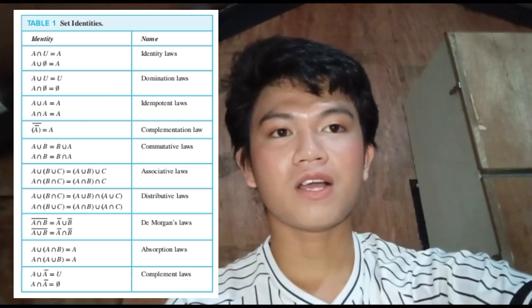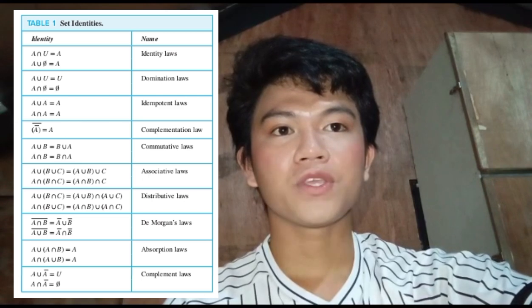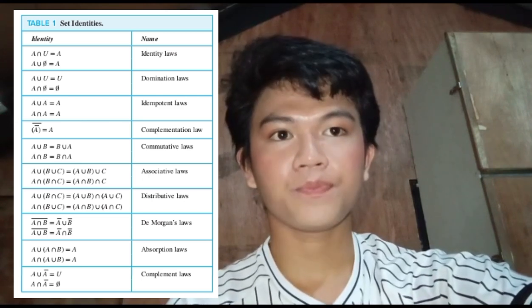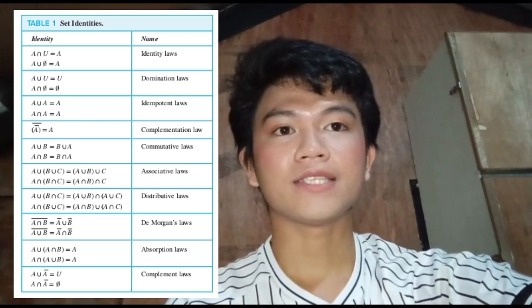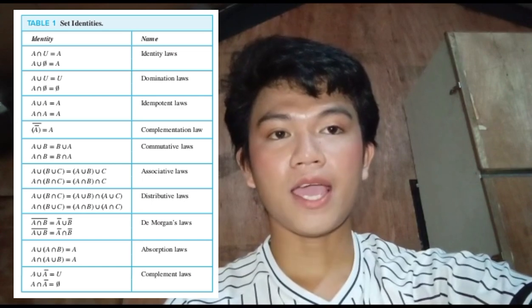Next are the idempotent laws: A union A equals A, and A intersect A equals A.